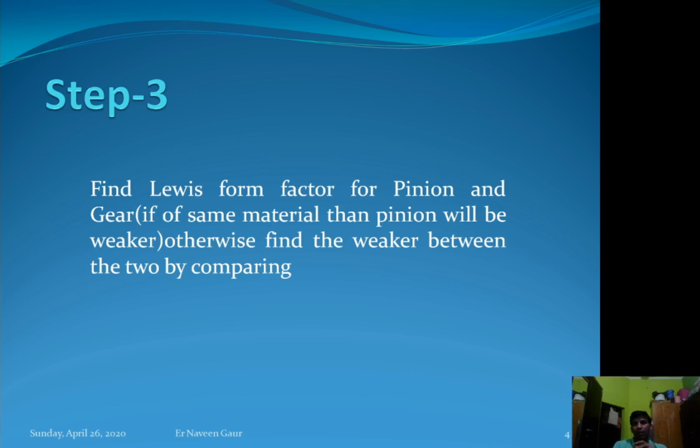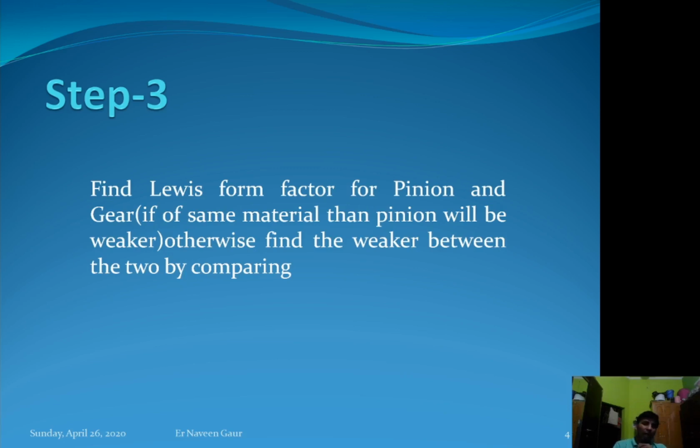But if the gear and the pinion are made of different materials, then we have to find out the Lewis form factor for both, for pinion as well as for gear, and find which one is bigger and which one is smaller. So from the values of YP, the Lewis form factor for pinion, and the Lewis form factor for gear, whichever value is greater, that one is the strong member, and whichever value is lesser, that one is the weaker member.